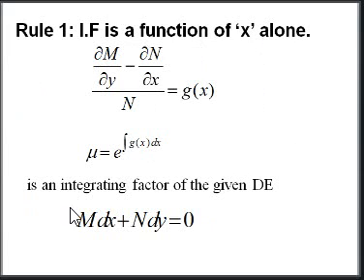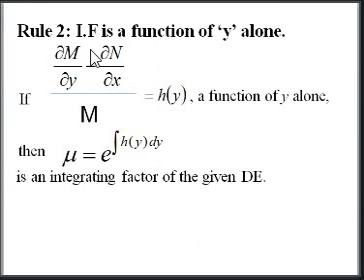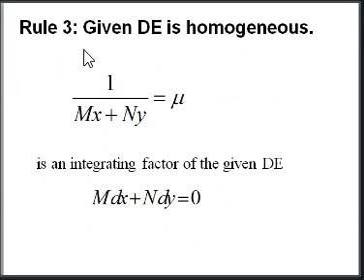Rule number 1: if the integrating factor is a function of x alone, then e to the power of the integral of f(x) dx is an integrating factor of the given differential equation M dx + N dy = 0. Rule number 2: if the integrating factor is a function of y alone, then we use e to the power of the integral of g(y) dy as an integrating factor of the given differential equation.